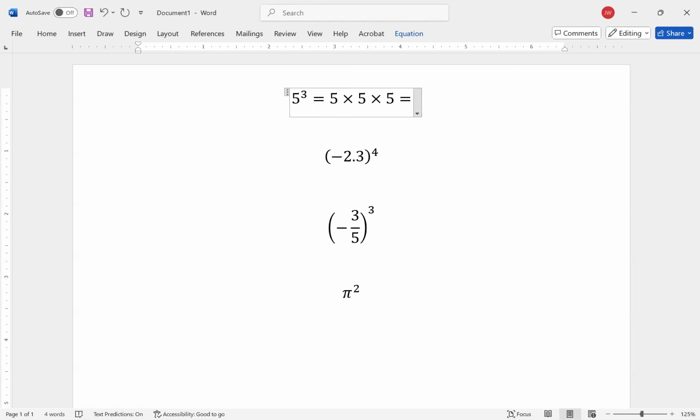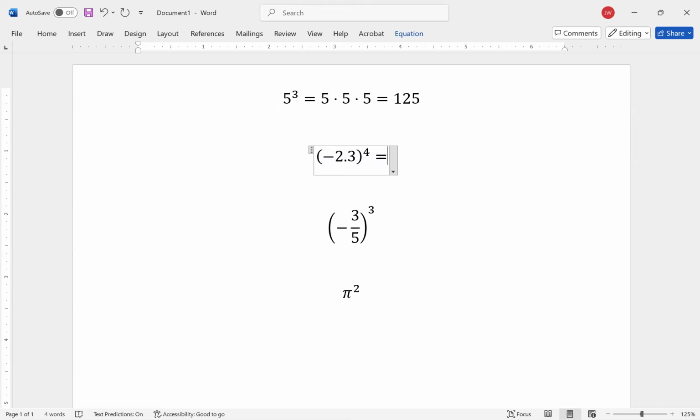We can also type into our calculator 5 raised to the third power, and either way, you get 125. Doesn't matter which symbol we use, whether we use the cross multiplication symbol or the dot multiplication symbol, both of those mean the same thing. We can use parentheses as well. So there you go. 5 times 5 times 5 is 125.